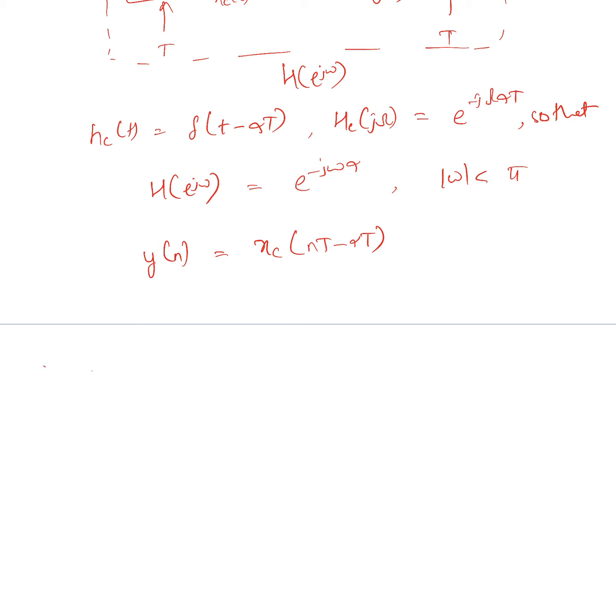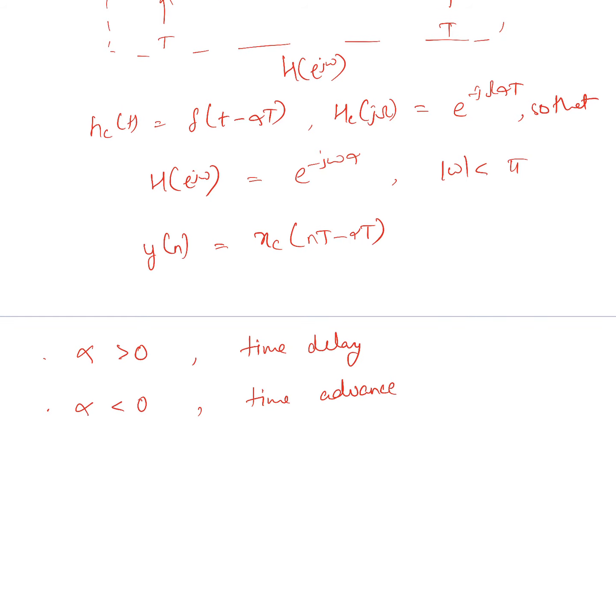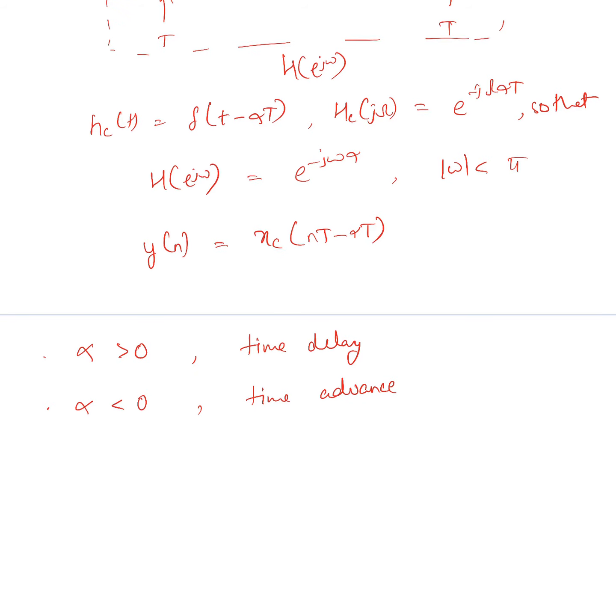So here if we have alpha greater than 0, then we define it as time delay, and if alpha is less than 0, then generally it is named as time advance. Right? So this is with respect to the ideal delay, some of the basic properties that we had seen earlier in the past.